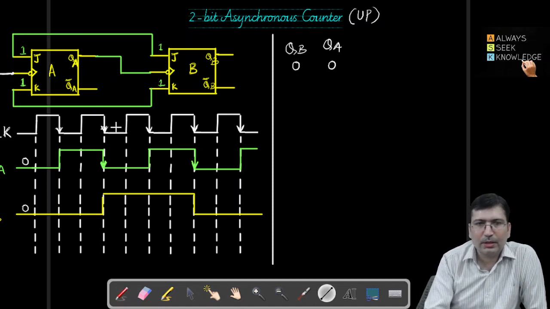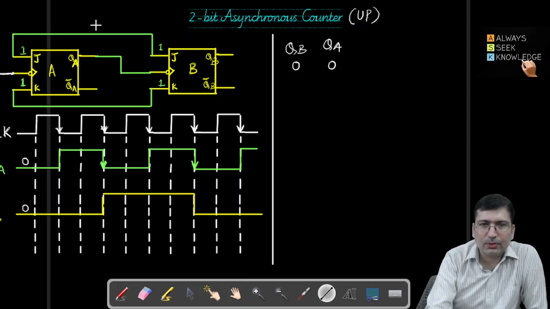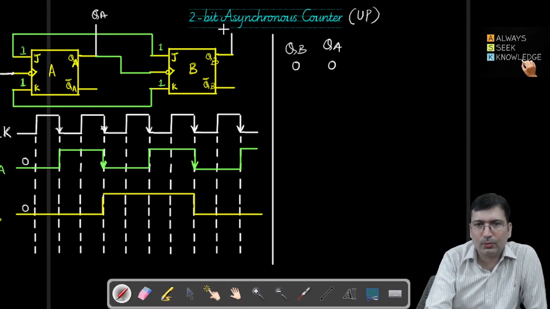So let me consider here we are connecting two pins like this. We are getting this QA as output and here we are getting another terminal. So this is QB. These two are giving you the output. This is the QA and QB pin.